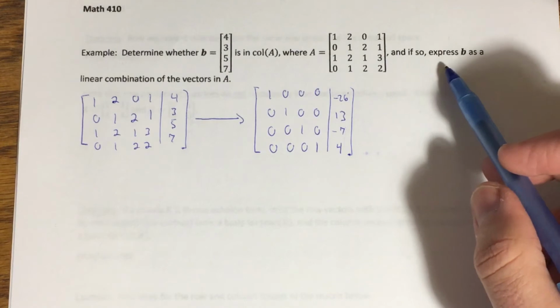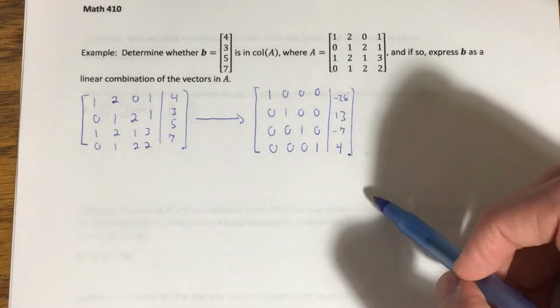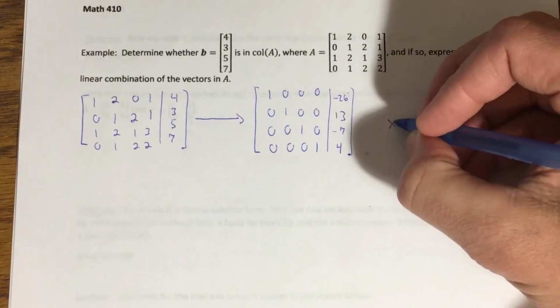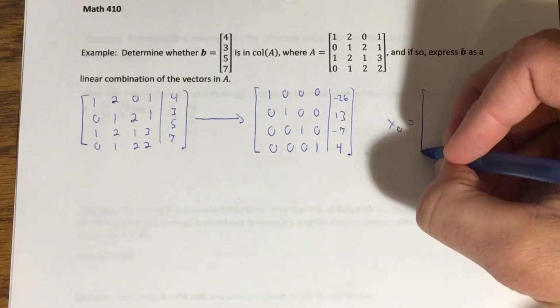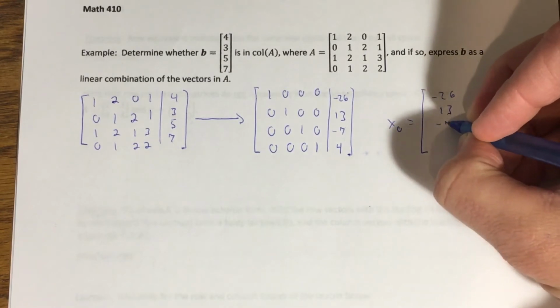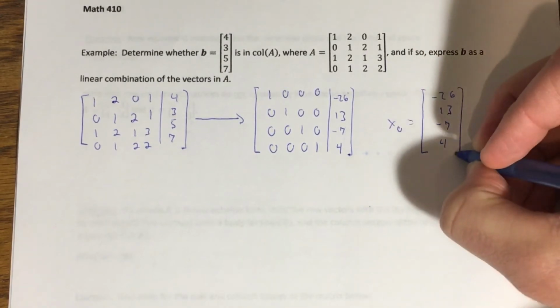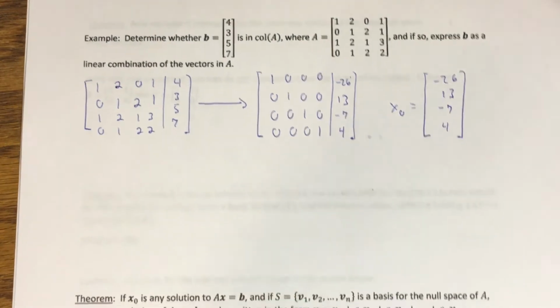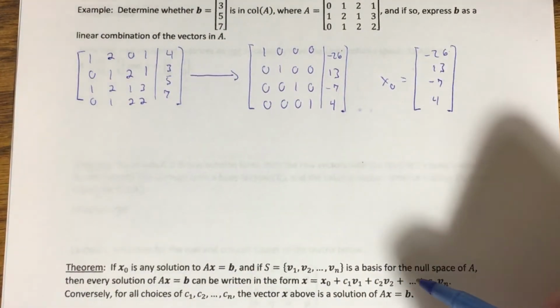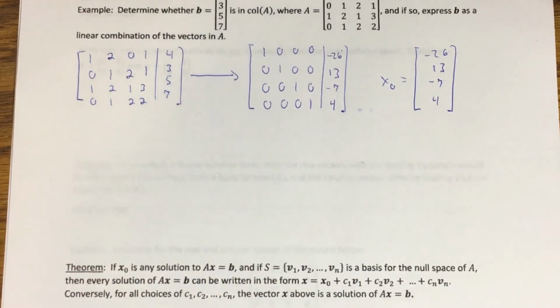Now what we need to do is find a way to express B as a linear combination of the vectors in A. Well, remember, this is my solution x naught right here, negative 26, 13, negative 7, 4. And in the previous theorem, when we proved it, we showed that these will end up being the scalars on the linear combination that we want.